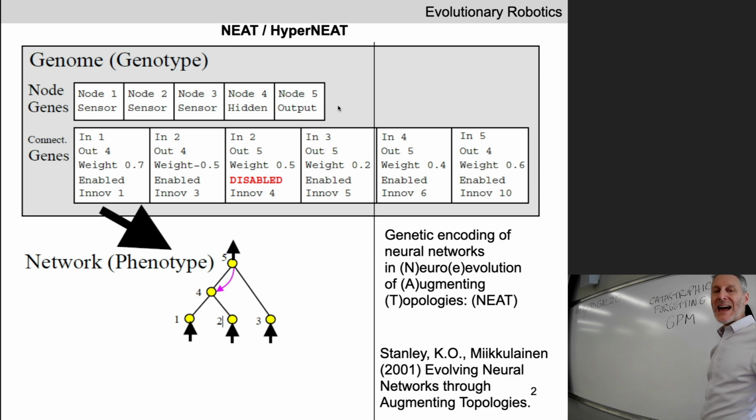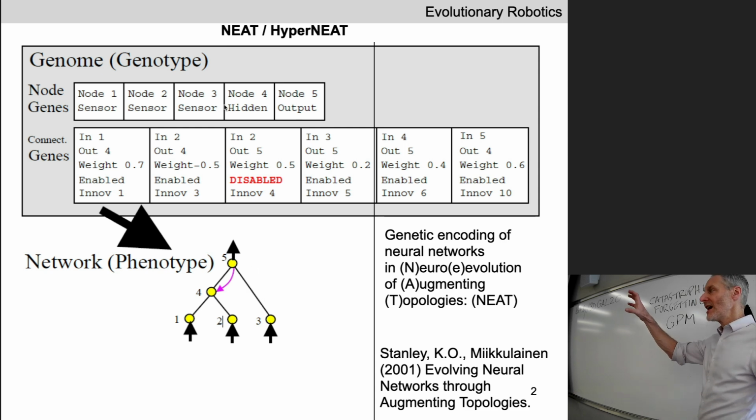If a mutation adds an element to this list, what happens to P, the phenotype, the neural network? In this particular genotype, it's encoding a 5-neuron neural network, which you see down here.